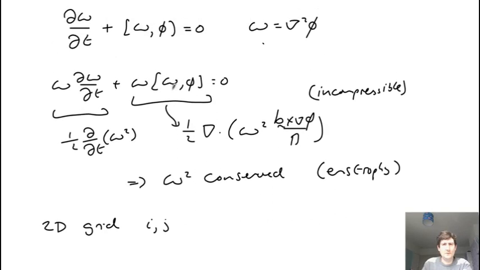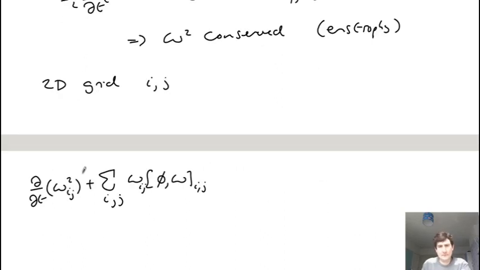So we need to evaluate what this is numerically, and then this whole thing summed over the whole domain should be equal to 0. So we should have the sum of the rate of change in time of omega squared plus the sum over all the grid cells of this should be equal to 0. It's just a discrete form.